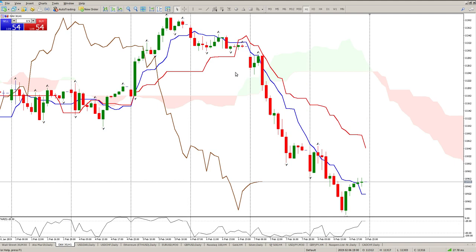Ichimoku says if you break through the cloud, and so long as you're below the Kijun-sen and Tenkan-sen, the Kijun-sen's the red line, the Tenkan-sen's the blue line, and price is below the cloud, this green and red cloud, price is in a downward trend and you're looking for fractal breaks for breakouts. But what Ichimoku also does is take all fractals into account. So it takes that fractal break into account.